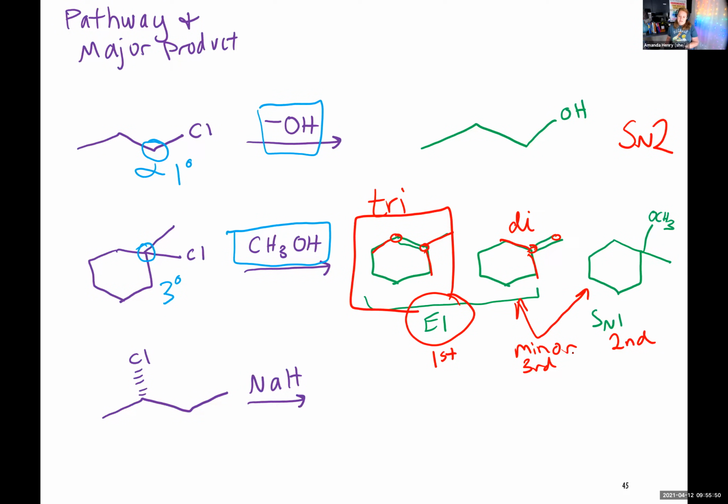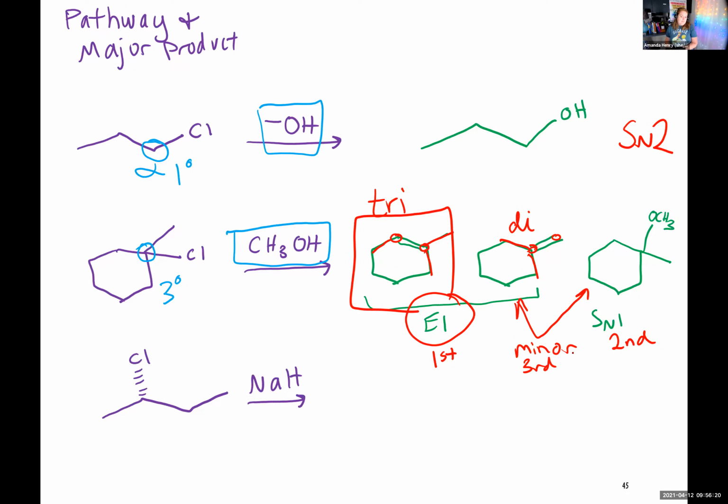Okay, so the question in the chat, I'm not sure if I understand it. I think I need to read it out loud. If Sn1 prefers primary, can we assume elimination or do we have to weigh the options? So Sn1 does not prefer primary because with Sn1 and E1, it's going to form that carbocation. So Sn1 and E1 don't like primary or secondary.